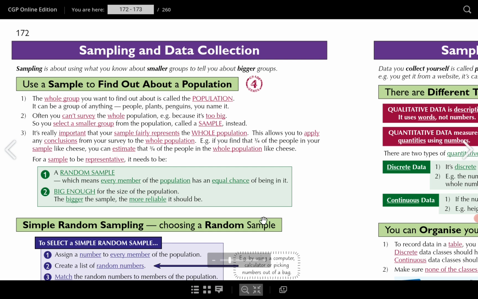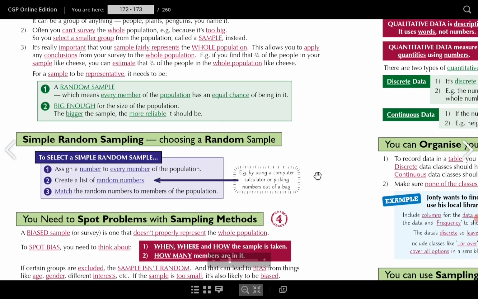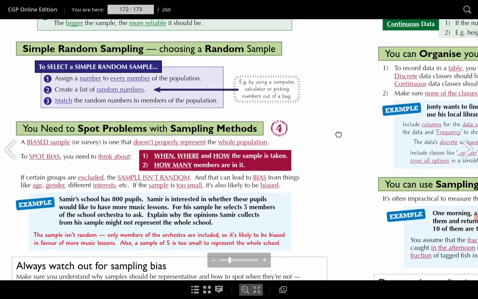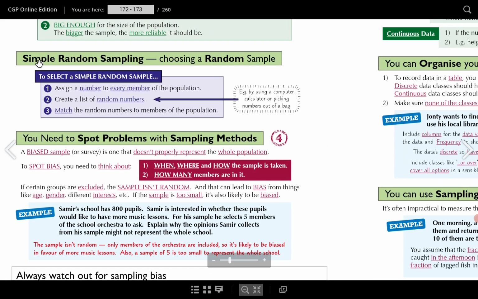All right, so let's look at simple random sampling. There are many types of sampling techniques, but we're not going to go into those details. Simple random sampling means choosing a random sample. To select a simple random sample, you need to assign a number to every member. In statistics, we don't often use names of people; we assign them special numbers.